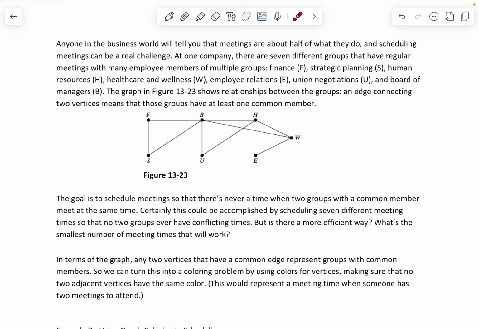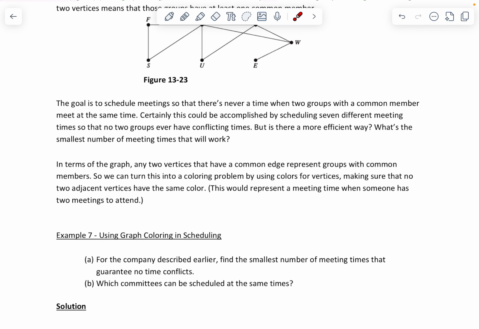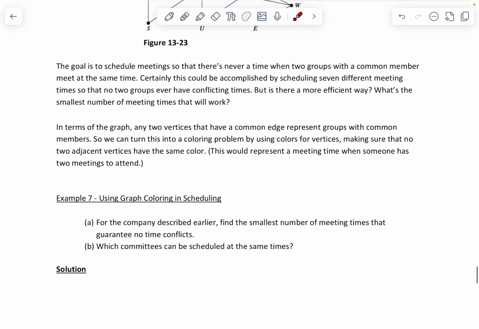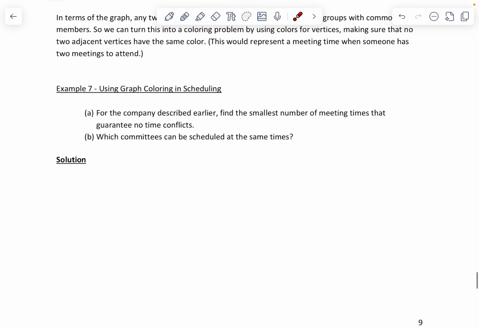This would represent a meeting time when someone has 2 meetings to attend. So let's try this. Let's go to example 7. For the company described earlier, find the smallest number of meeting times that guarantee no time conflicts, and which committees can be scheduled at the same time.